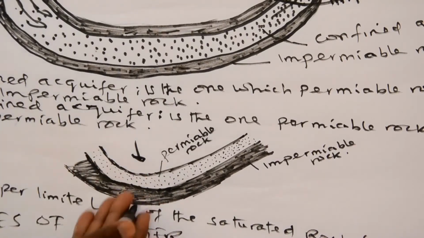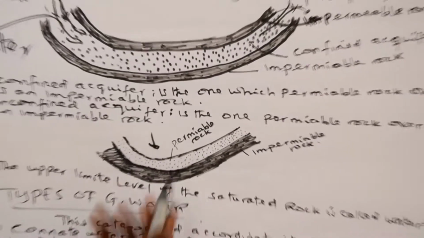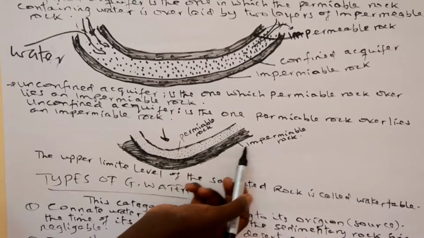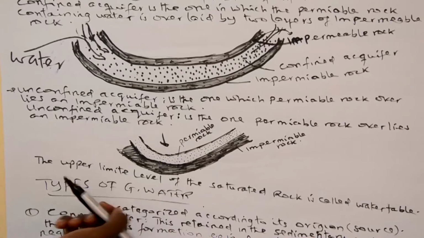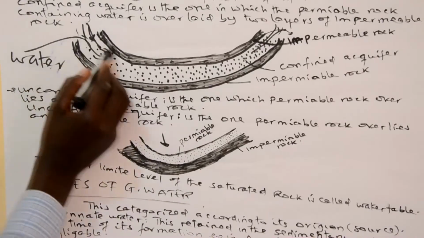This layer is the aquifer, but it is unconfined because it lies on one layer of impermeable rock, whereas confined lies between two layers.